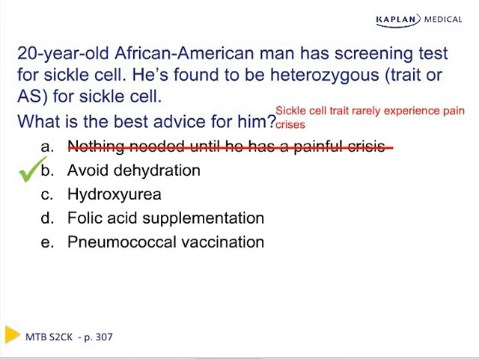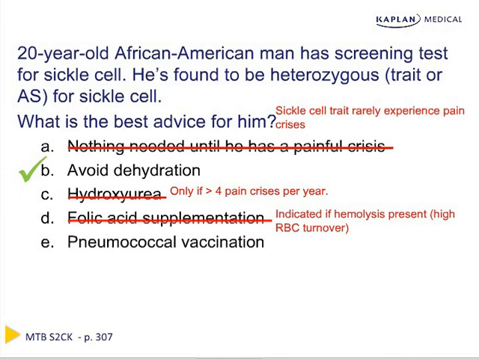A is wrong, nothing is needed until he has a painful crisis, because actually patients with sickle cell trait rarely experience pain crises to begin with. Similarly, C is wrong because hydroxyurea is only indicated in patients who have more than 4 pain crises per year.